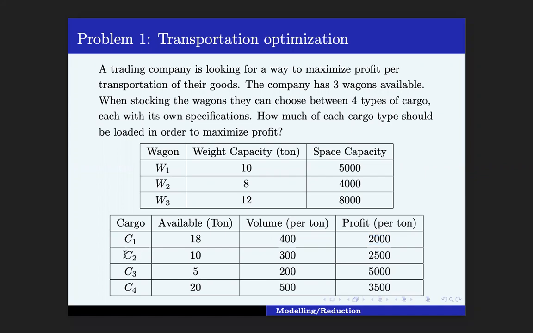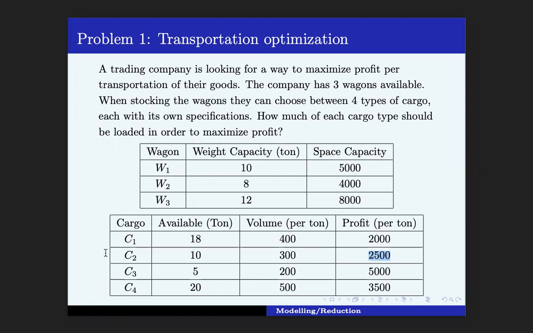Now you also have the iron ore, which you have less in quantity, 10 units, and the volume required for each of those 10 units is 300, and you will earn a little bit more for that, and so on. So this is the given set of cargo that you have.